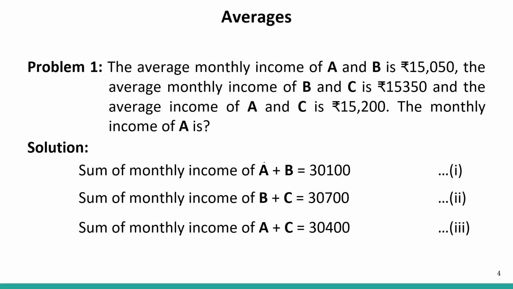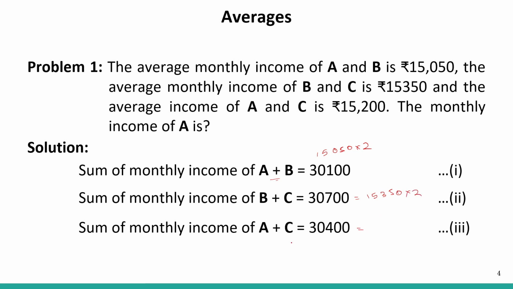Given that the sum of monthly income of A plus B is equal to 15,050 into 2, right? And the sum of monthly income of B plus C is equal to 15,350 into 2, right?